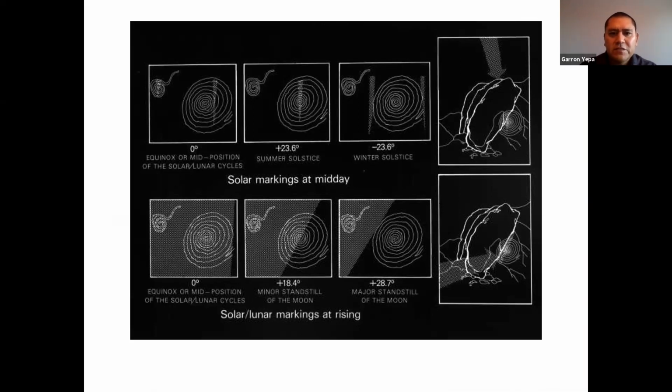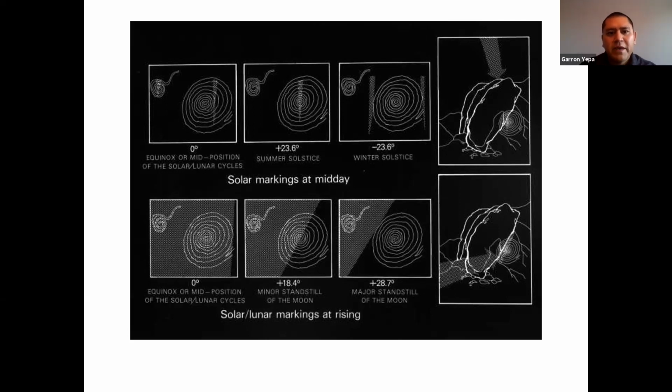So what you're seeing are, during the summer solstice, winter solstice, and equinoxes, specific light was cast on the spiral. But on that very same spiral, there were also lunar major and minor standstills, which are on an 18.6 year cycle.